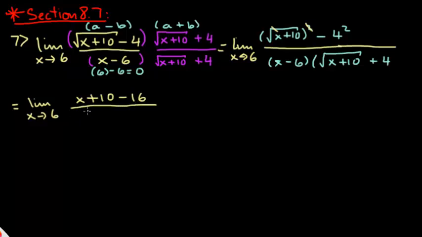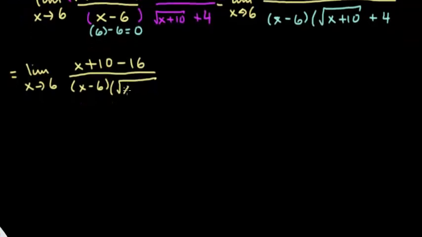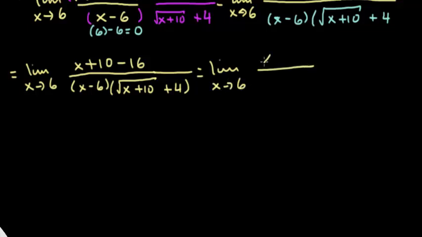And at the bottom, we have x minus 6 times the square root of x plus 10 plus 4. Then I simplify the top by combining like terms, so x minus 6, and the bottom will be x minus 6 times the square root of x plus 10 plus 4.